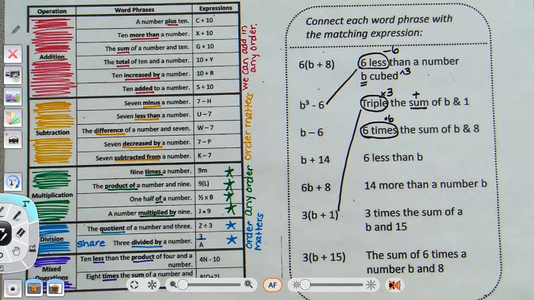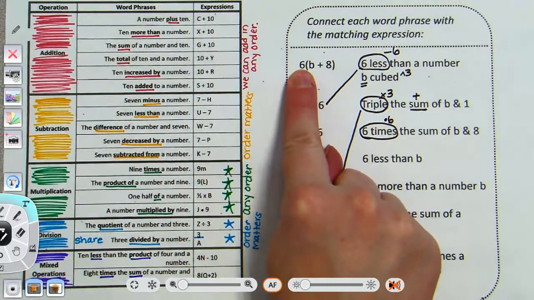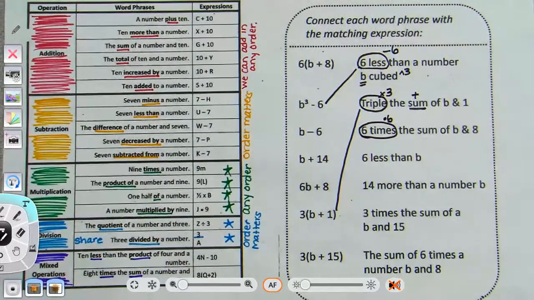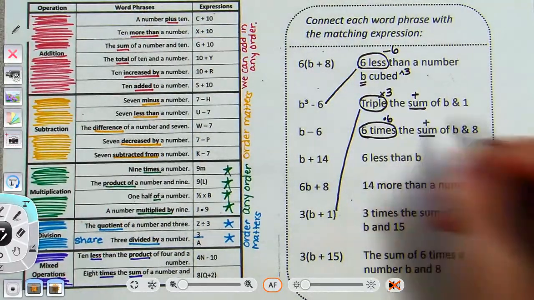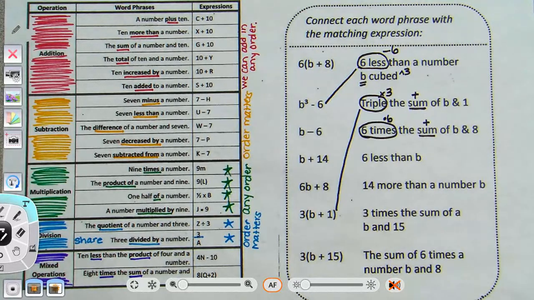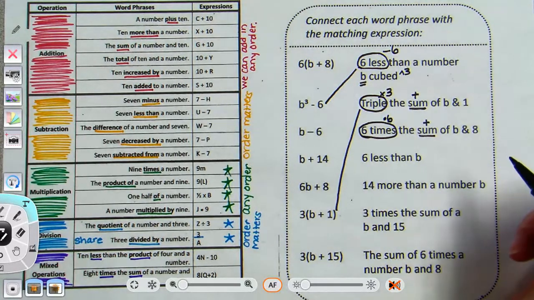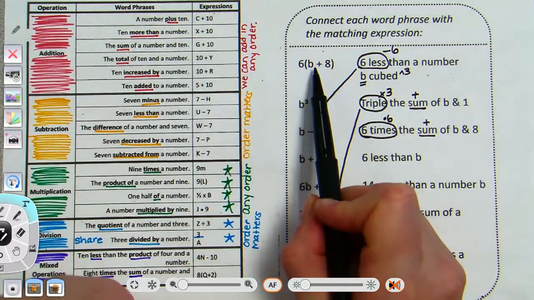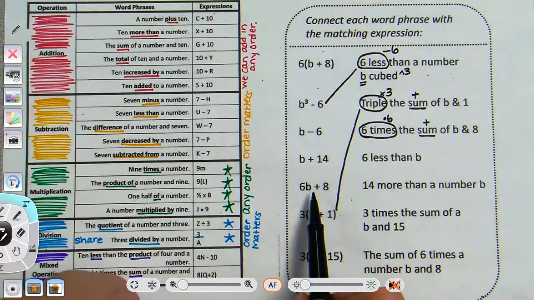Okay, so times 6. I see a times 6 up here because they're matched together. I see a times 6 down here because they're stuck together. Let's keep reading. The sum, if you remember, sum means addition. I need a sum of b and 8. Now this one is tricky, because up here I see a b plus 8, and down here I see a b plus 8.